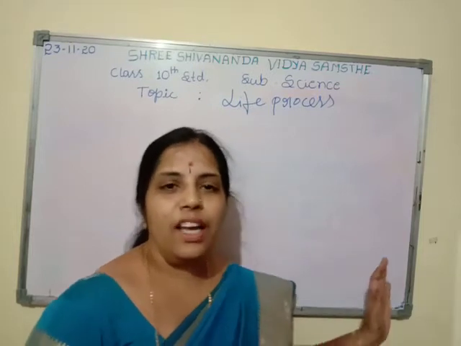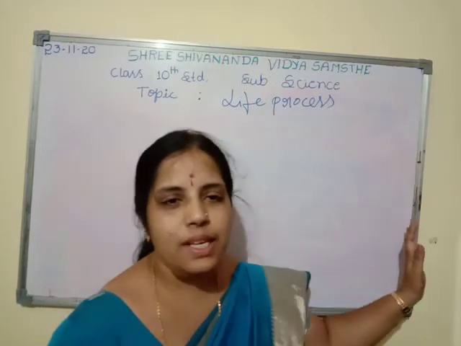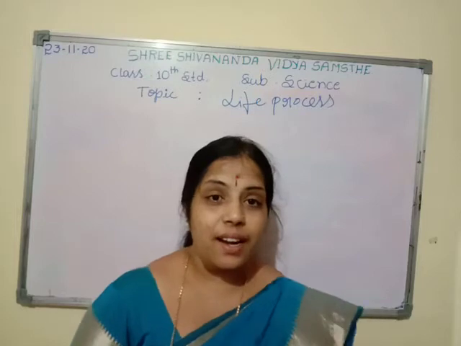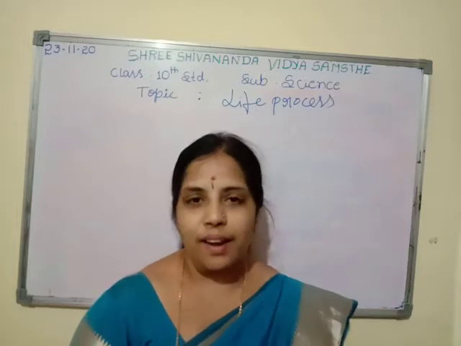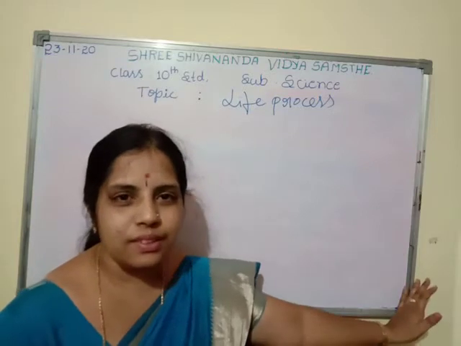So what are life processes now? What is meant by life process? You have come across the life process in your 8th standard as well as 9th standard. So how do you define life process?